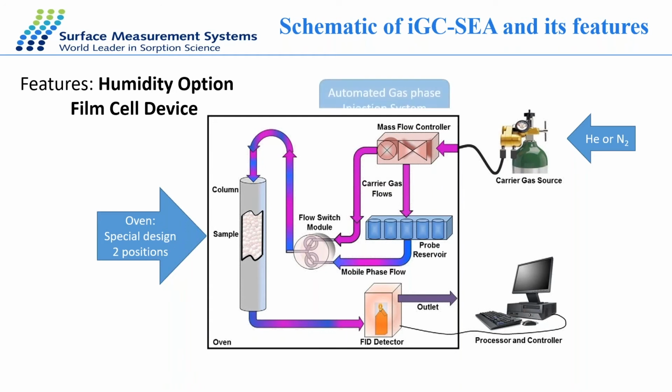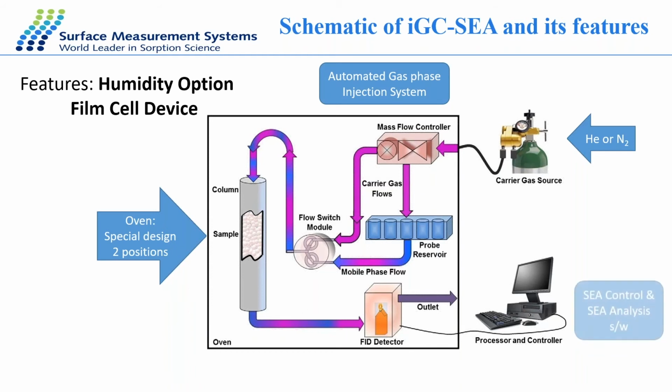And our instrument is an automated injection system based on the gas phase injection, like a head space injection. And we have a very unique and user-friendly control and analysis software for the instrument. So everything is automated, and it's very easy to operate and also to analyze the data.